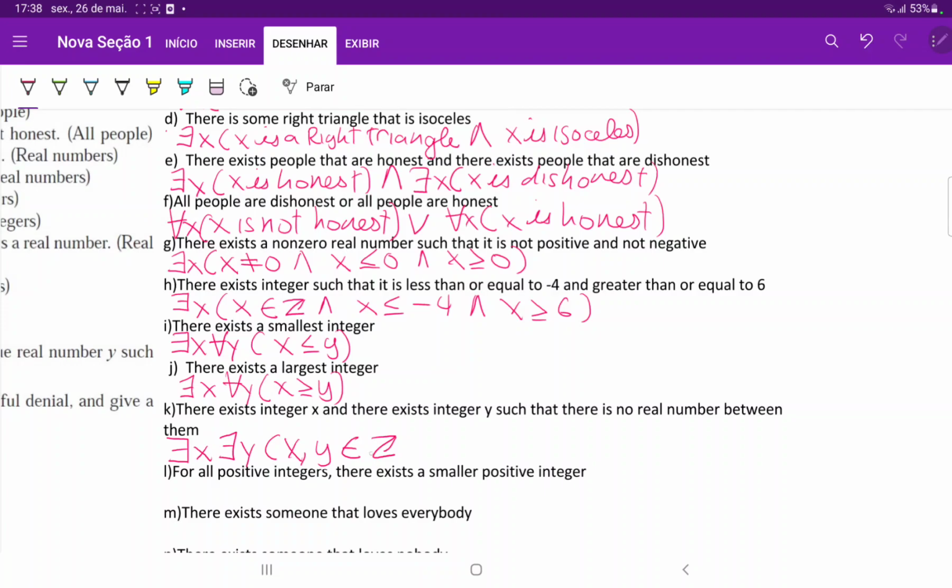And I should have written there exists an integer x and there exists an integer y, such that, I forgot to add that x is less than y, right? I forgot to add this. So we're saying there exists an x and there exists a y, such that x and y belong to the integers, and x is less than y. And we're saying, and there's no real number between them, right?